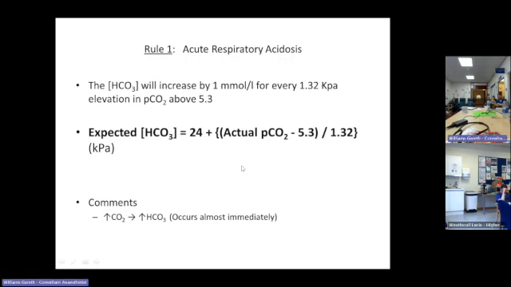And you can do that calculation quite quickly. In an acute respiratory acidosis, you see bicarbonate changing reasonably quickly. It's within hours that you start seeing changes. So if that number doesn't work, you may have a secondary process going on. Like the example I just gave, if patients are obtunded, they may actually have a primary respiratory process going on as well. So that's rule 1 for acute respiratory acidosis.